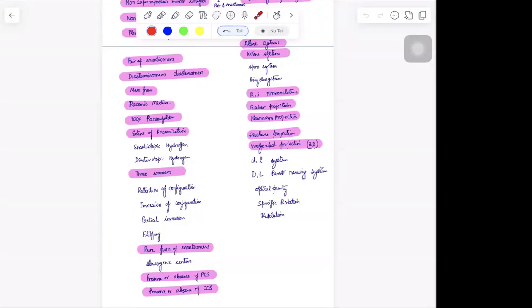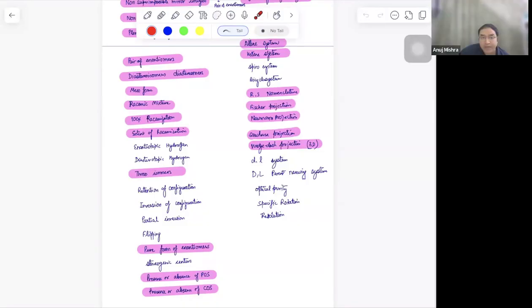Are you writing these names? How many of you have written the names?